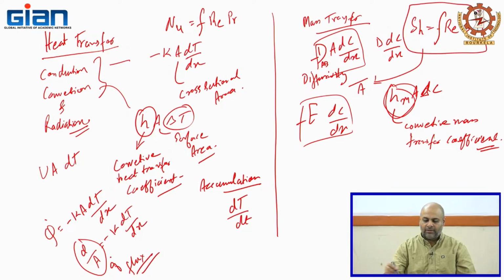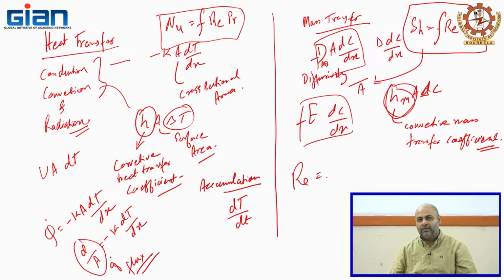This is the most important concept that you will be applying in heat and mass transfer in a bioreactor. Your Reynolds number is given as U, which is your velocity, d, that will be the distance, rho, the density, divided by the viscosity.